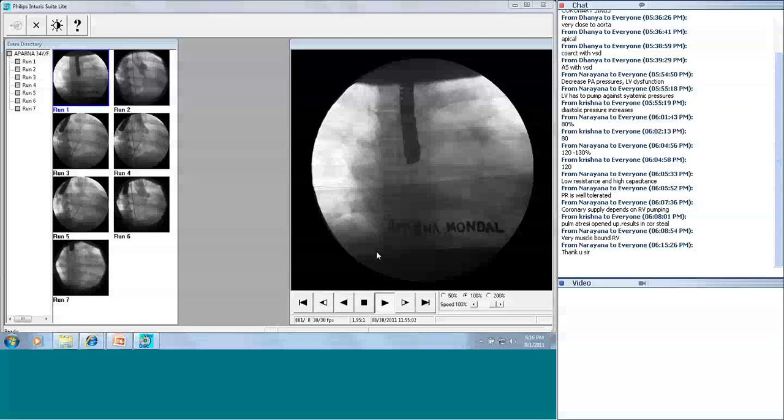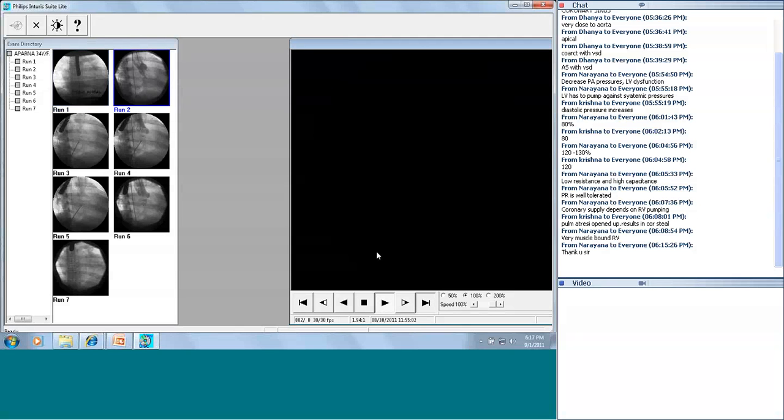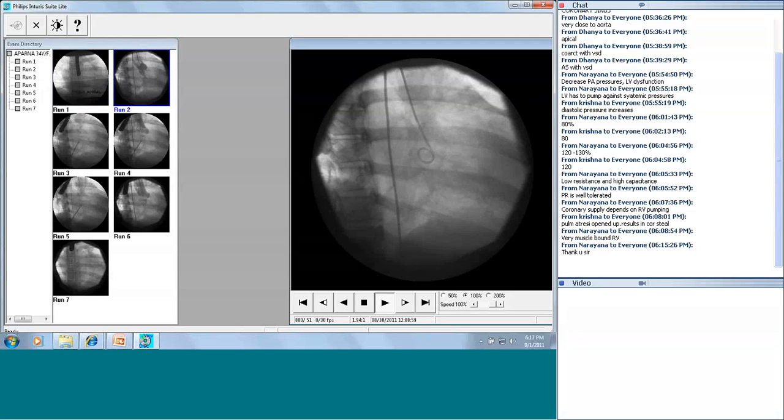So all these 3.5 years she was just living with the ruptured sinus of Valsalva. It is amazing, incredible India. So we got her this time luckily alive, and we could close the ruptured sinus of Valsalva very nicely.